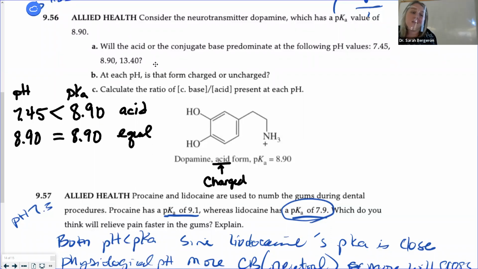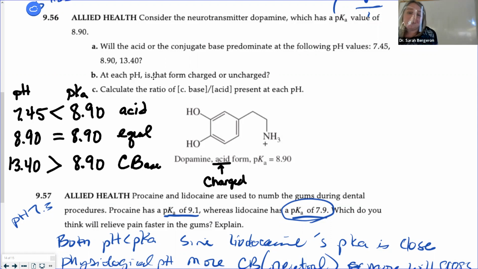Okay, so now we're going to go to 13.40. Wow, that's basic. Now my pH is greater than my pKa. So what form am I in? What do I have more of? The conjugate base.